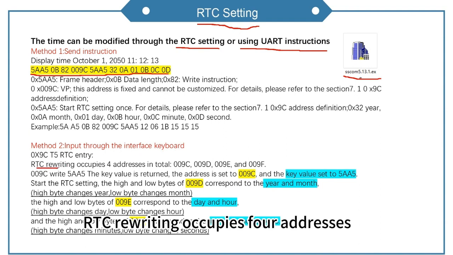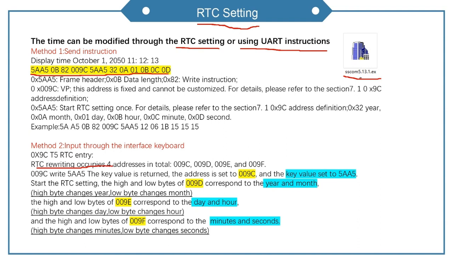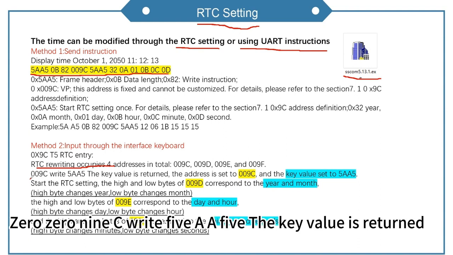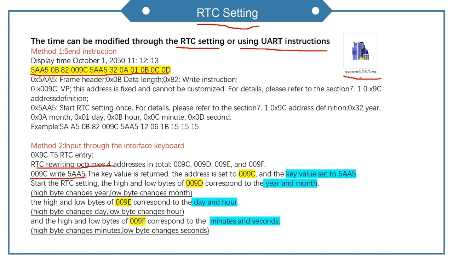RTC rewriting occupies four addresses. 0x009C write 5A 5A. The key value is returned.